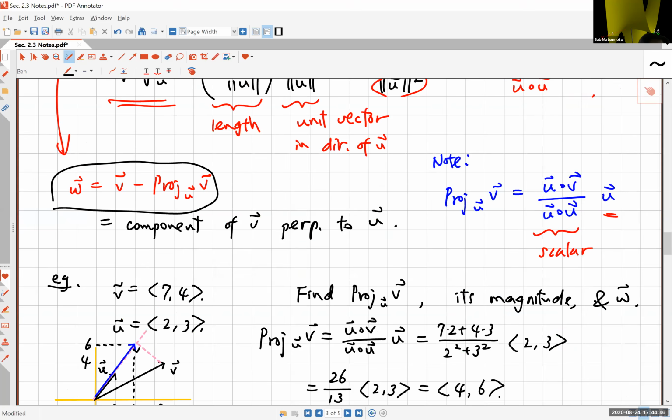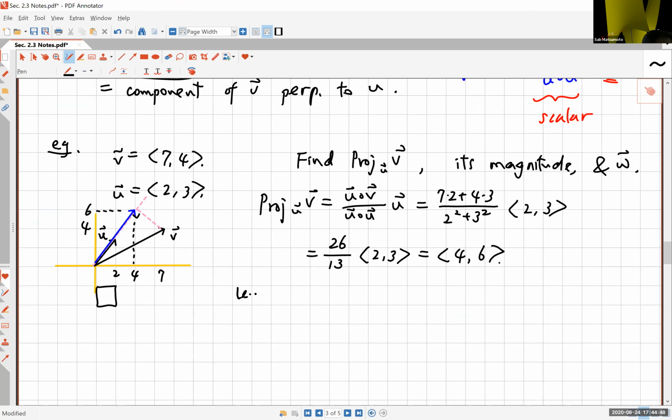So anytime you're looking for the length or the magnitude of a projection, you can use that if you like. It's the norm of V times the cosine of theta. Okay. But of course, you don't know the cosine of theta, right?